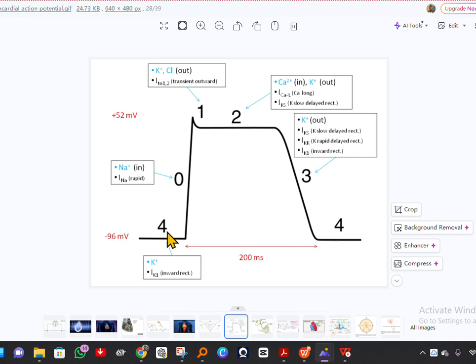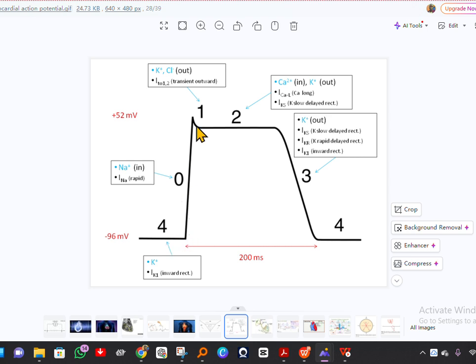So the action potentials in the rest of the fibers of the heart will only be fired if the impulse from the sinoatrial node has reached. If the impulse reaches, that is when the action potential of these ventricular muscle fibers will be fired.